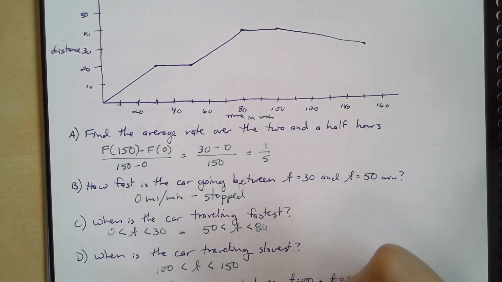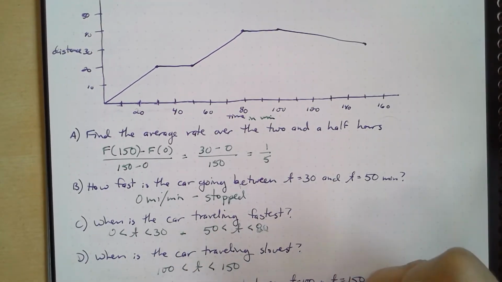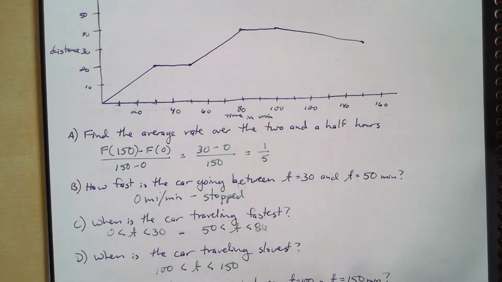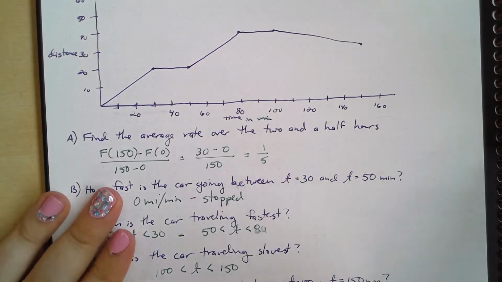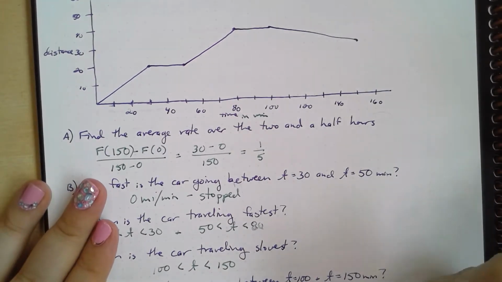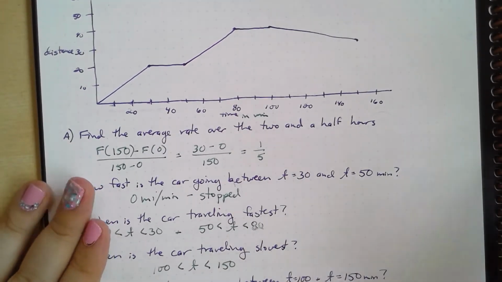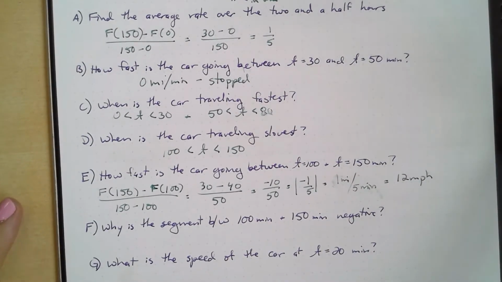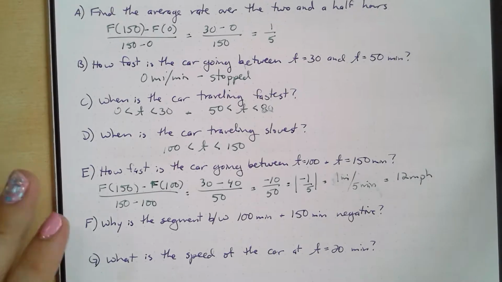Let's take the absolute value of that, so we get 1 mile per 5 minutes. And if you convert that, you will find out that that's 12 miles per hour. Did I do that correctly?